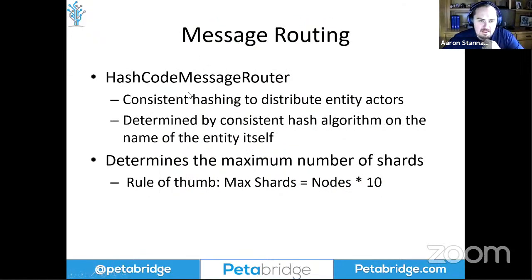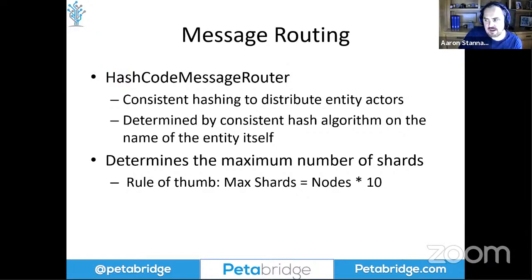So the hash code message router is going to use consistent hashing to go ahead and figure out how to group entities together inside of shards. And the rule of thumb we're going to try to use is that for the number of nodes that are capable of hosting shards, we're going to go ahead and take that number and multiply it by 10. So let's say if I have 5 nodes that can host shards typically, that means I want to have a shard count of 50.